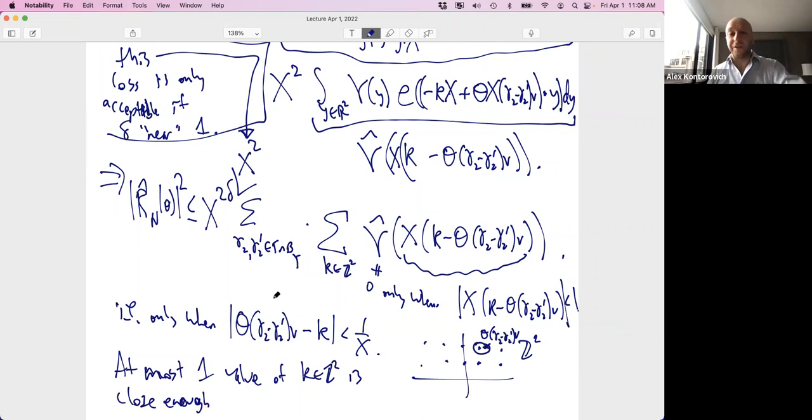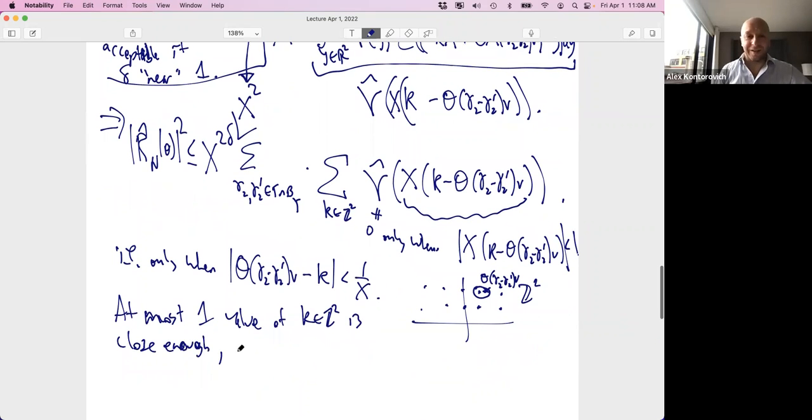And for it to be close enough, we need that the distance to the nearest integer of this vector, gamma 2 minus gamma 2 prime V, is less than 1 over x. That's exactly what this is. If there exists some k, then the distance to the nearest integer is at most, that's what this is. This is the distance to the nearest Z^2.